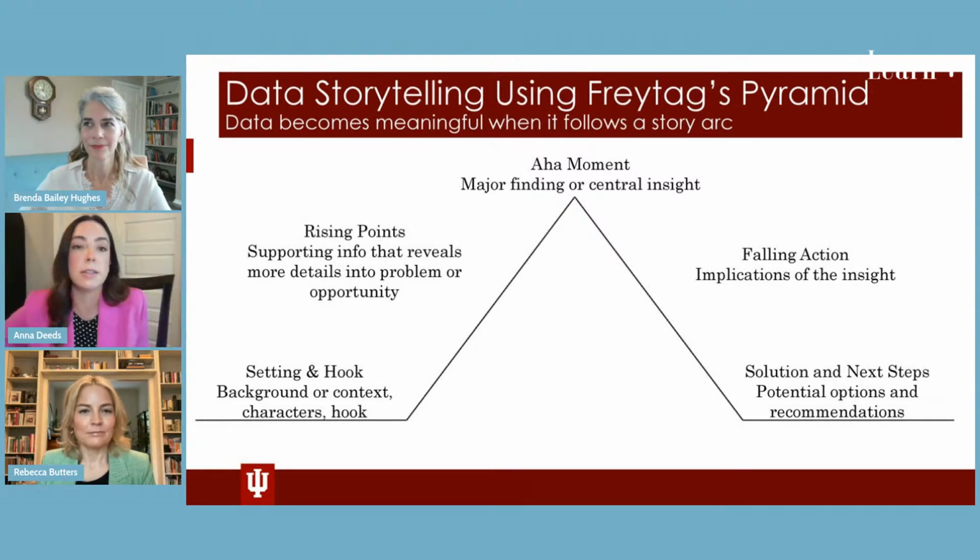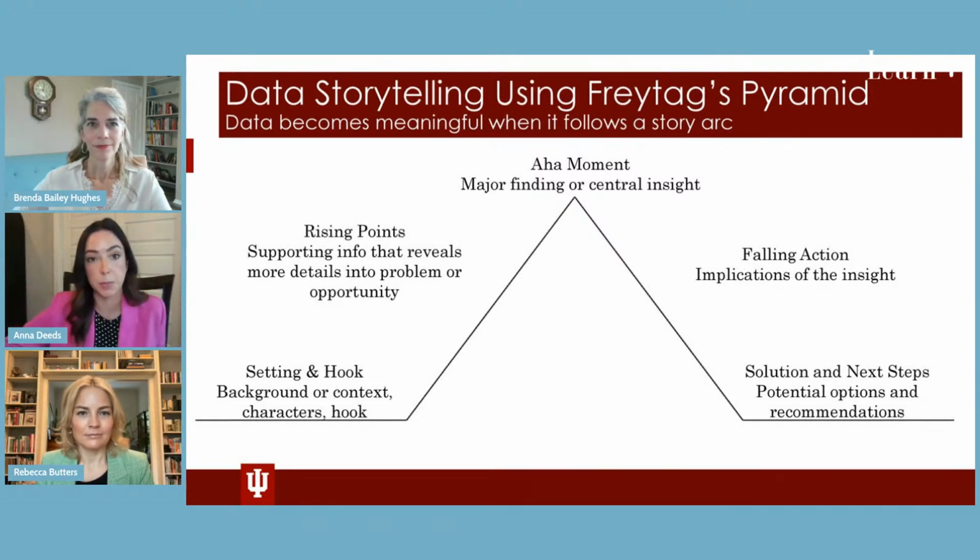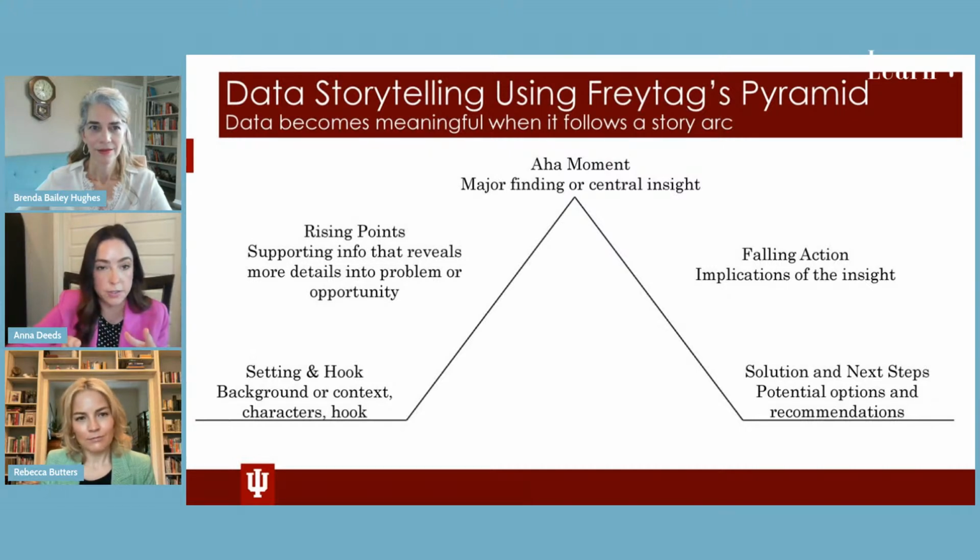So this is data storytelling using Freytag's pyramid. It becomes more meaningful when it follows this arc. So you can see some of the 4 C's are right here, but there's just a little bit more detail here. You've got your rising points to support that setting, that background information. It reveals more details into the problem or the opportunity.